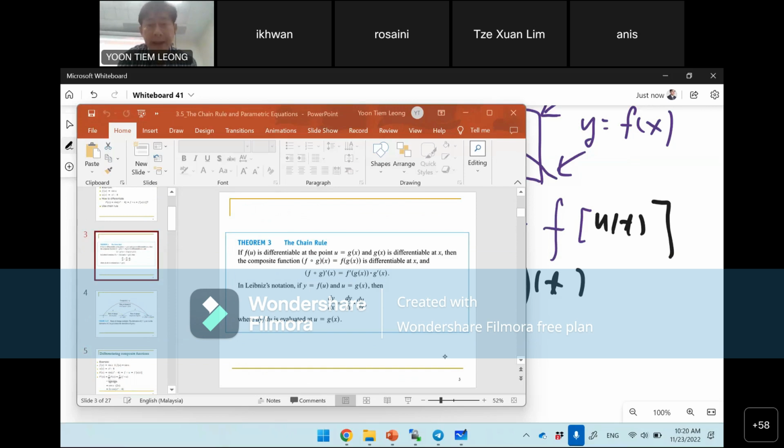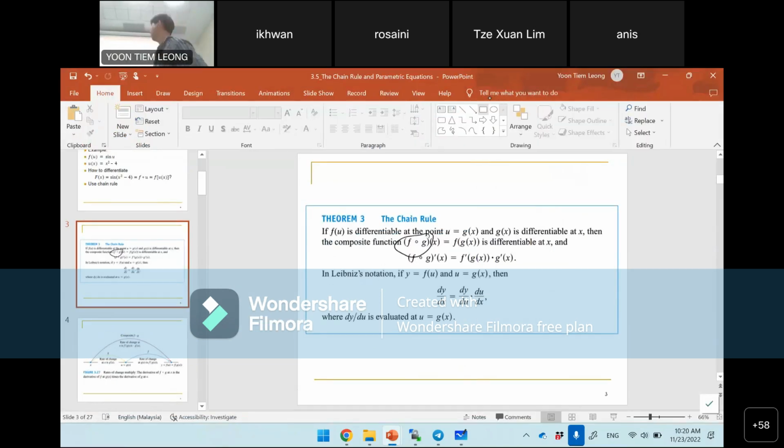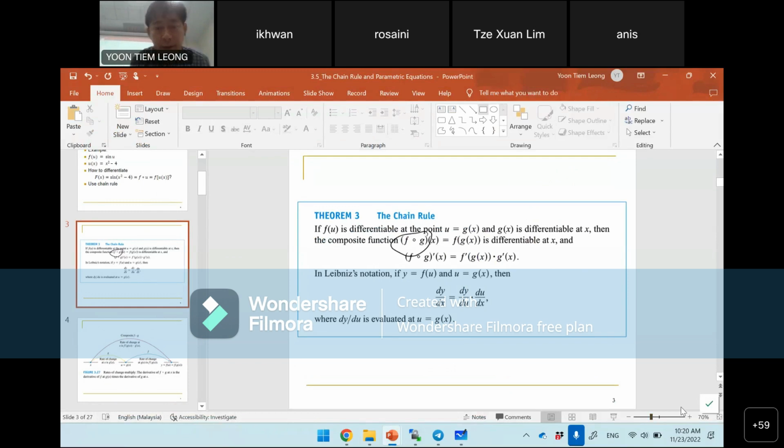It means that if you have a function made up of f composed of g, then the derivative of this composite function. So I'm going to replace this x by t.